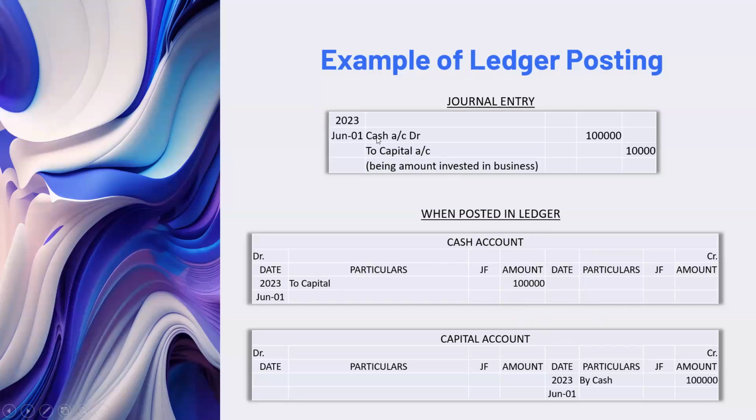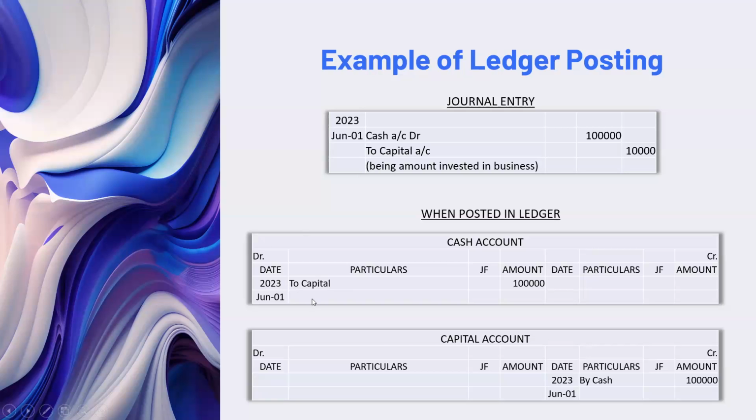Now take the first transaction, the cash account debtor. It is clearly mentioned here as debtor, so take it to the debtor column. Then the opposite side: the capital account creditor. The cash account is taken to the credit column because we have this rule: all purchases and expenses are seen as debit, and all incomes and sales are seen as credit.